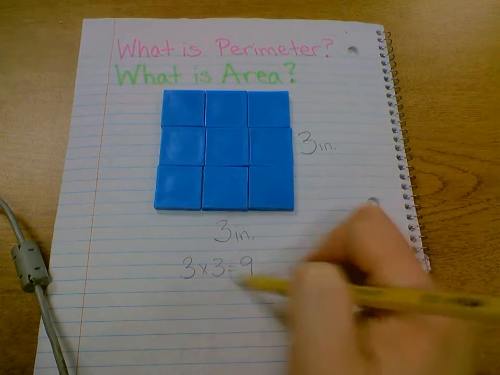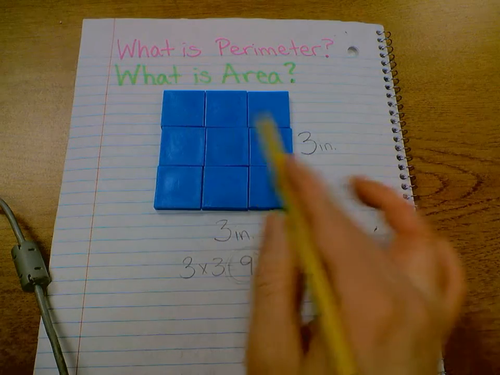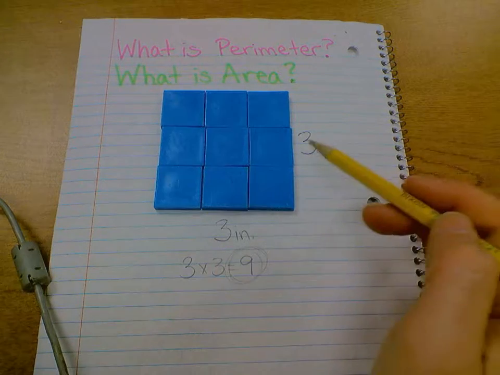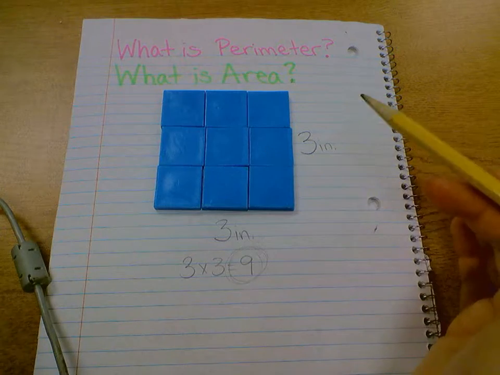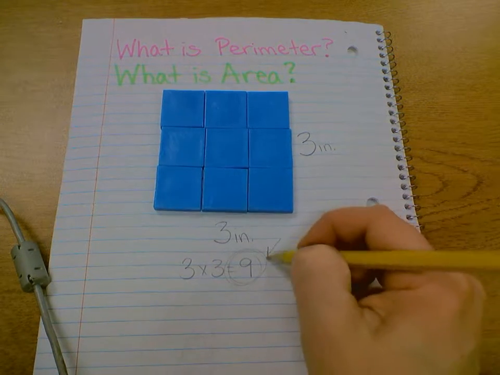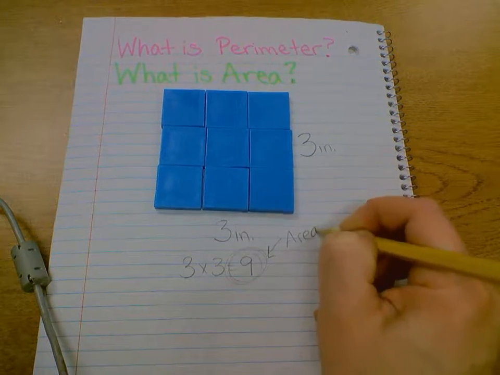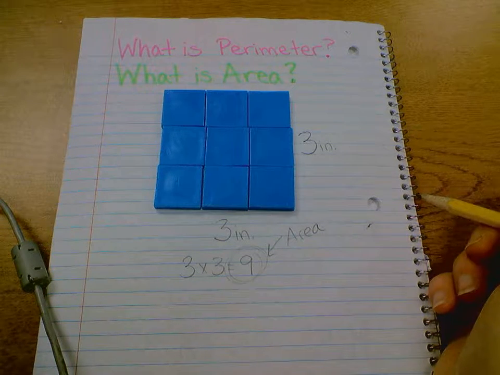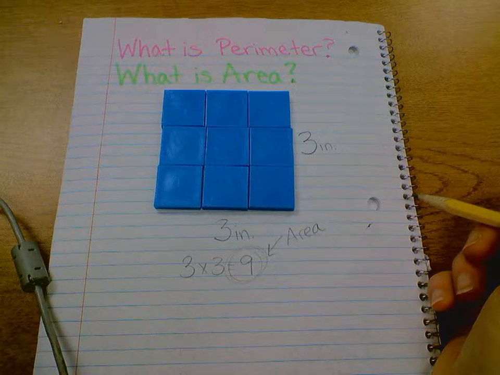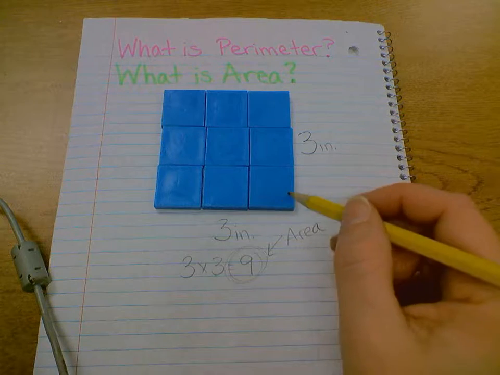And that answer of 9 tells us how many squares are inside that array, correct? Well, you just found the area of this 3 by 3 array. Okay, you just found the area.